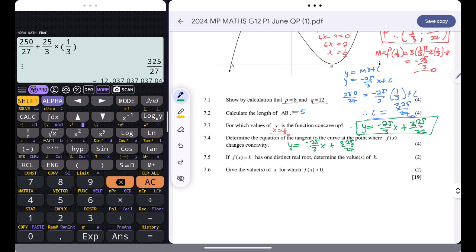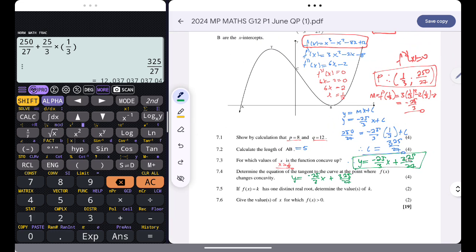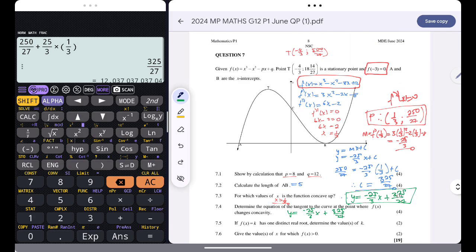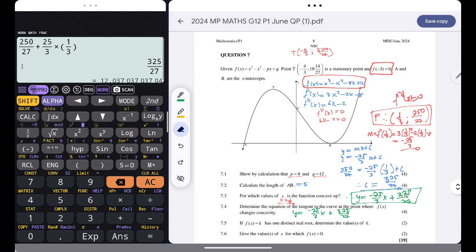Okay, and then now we are told that if f of x is equal to k, it has one distinct real root, determine the values of k. These things of k, guys, whenever you are dealing with your cubic graph, it's very, very simple.